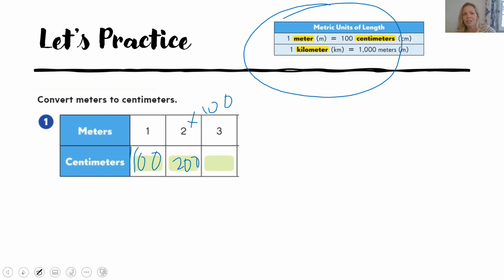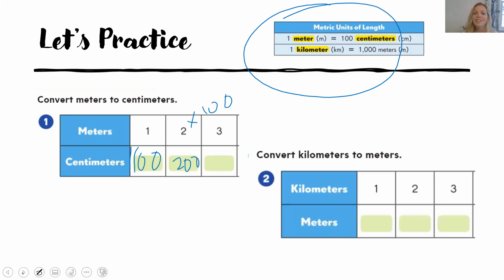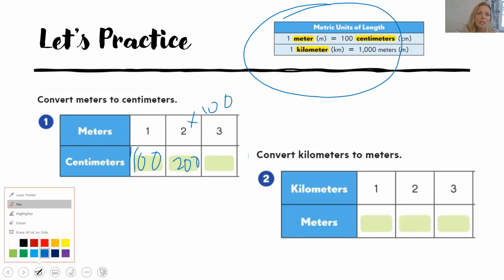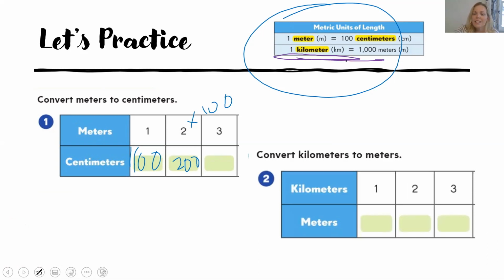You can solve for the next one, my friend. Let's look at kilometers to meters. So what they're telling us in the chart right here is that 1 kilometer is equal to 1,000 meters. So then 2 kilometers is equal to what?